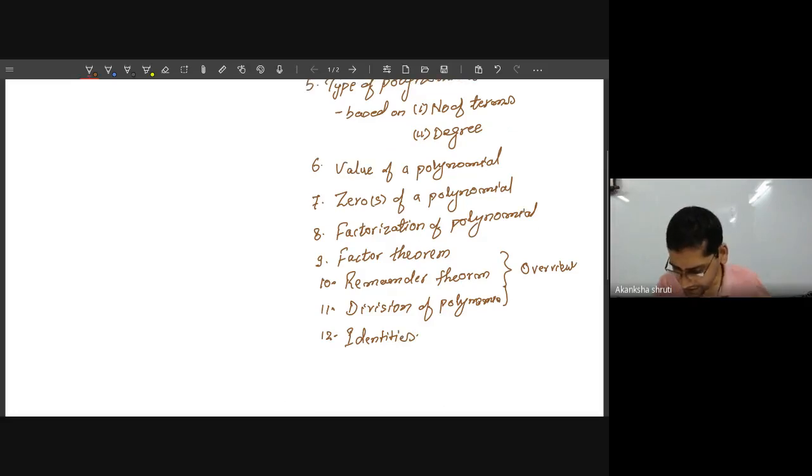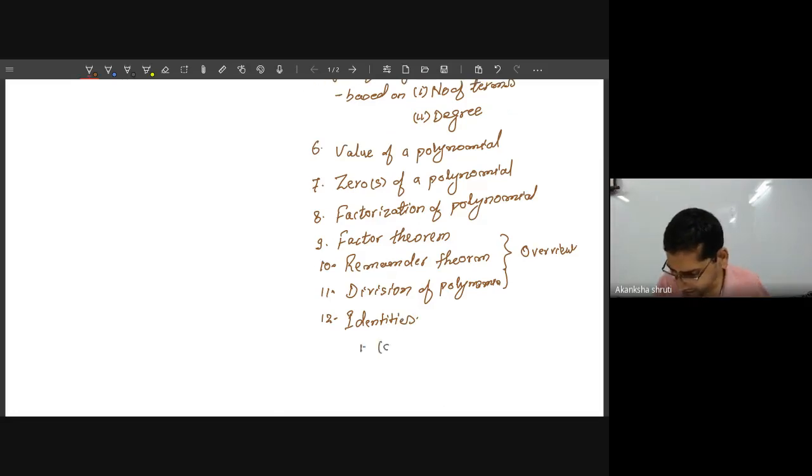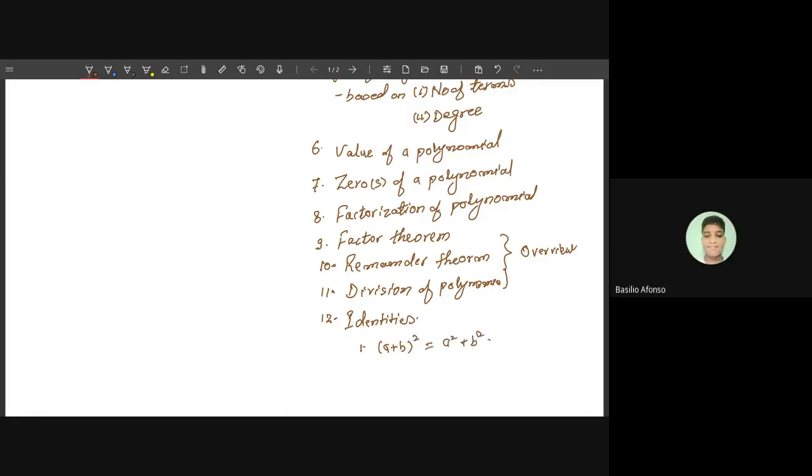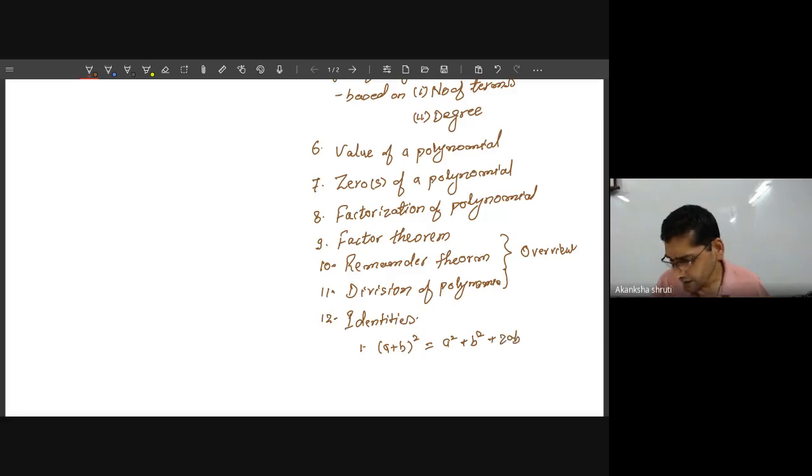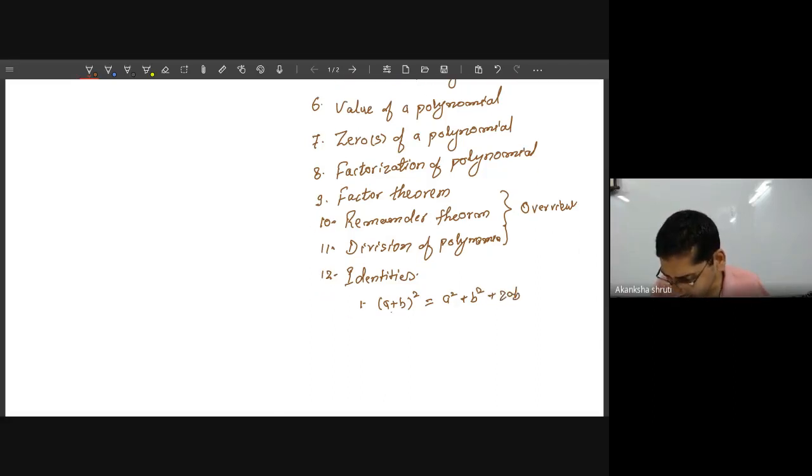The most common identity like (a plus b) whole square is a square plus b square plus 2ab. If there is a minus sign, then only this term gets negated. Okay. The next one is (a plus b) whole cube.